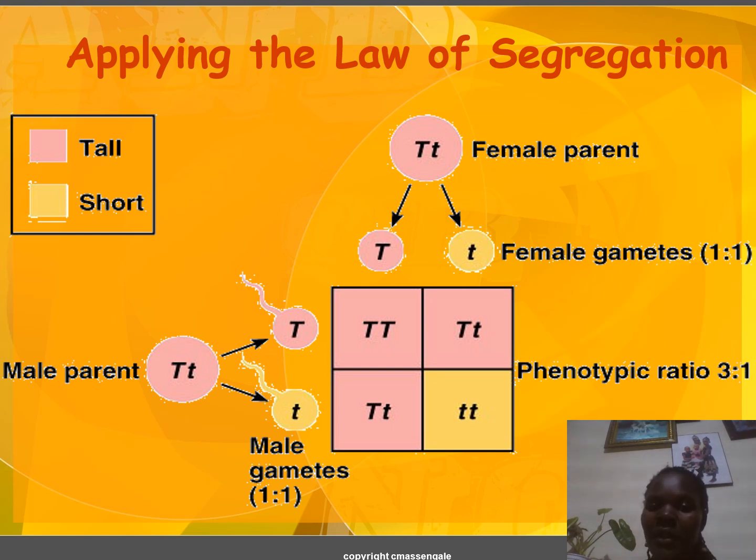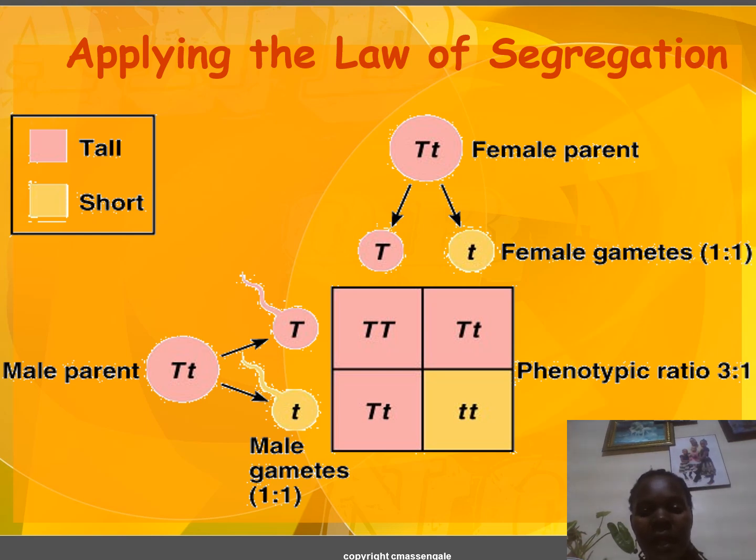So you can see each of those alleles independently carrying the traits. But then at the point of segregation, they recombine in fertilization. So the female has capital T, small t, the alleles. The male, capital T, small t.